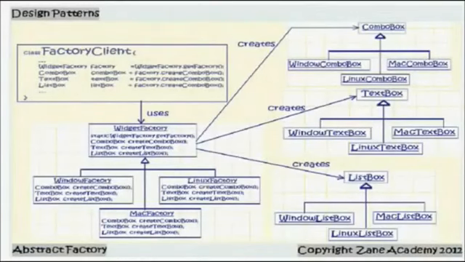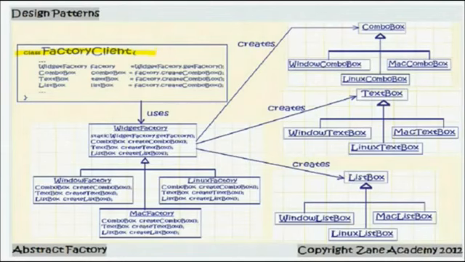Okay, so we have this class, a factory client class, and it represents any class that needs to create a family of related or interconnected objects. In this case, this factory class is going to use different factories, where each one of those factories is responsible for the creation of a family of widgets.